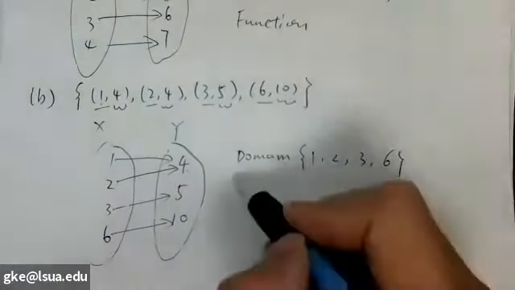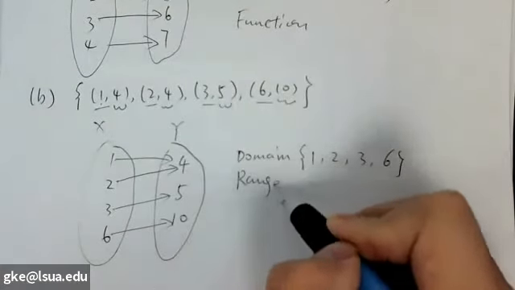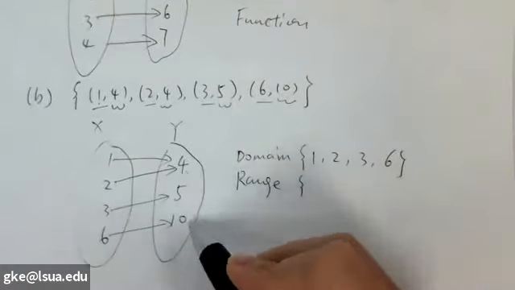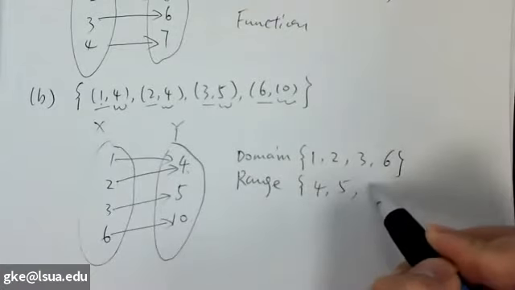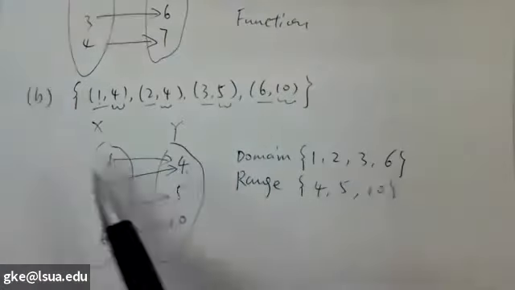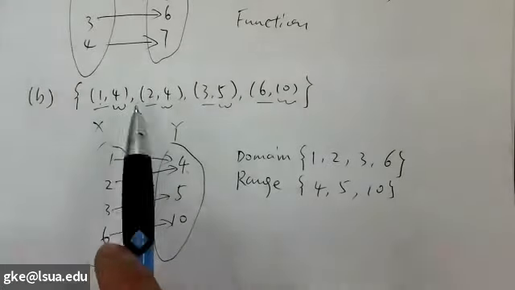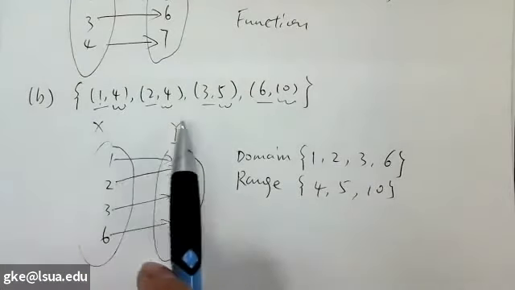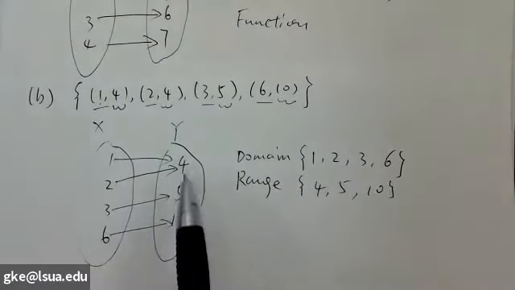And the range should be 4, 5, 10. We just copy once if there's a repetition. Is that clear? Repetition, just copy one.